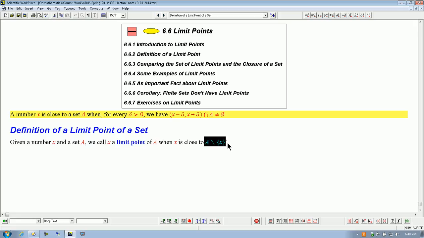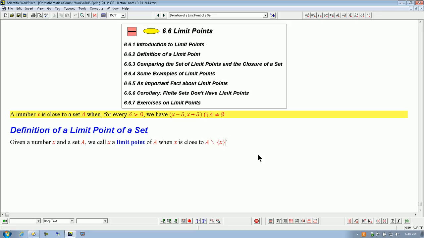You know what this is? This is the set A with the actual number x pulled out and thrown out of the window. It's what remains from the set A. Do you understand that this is a subset of A?